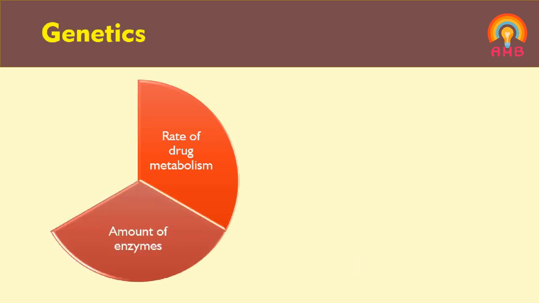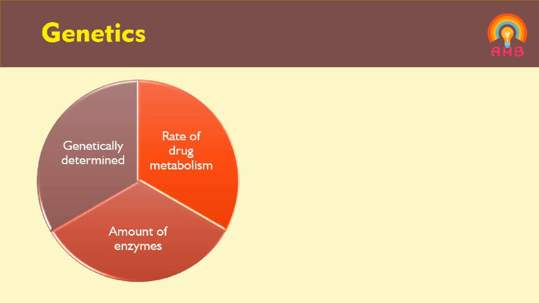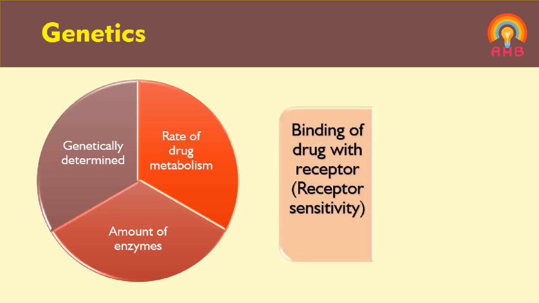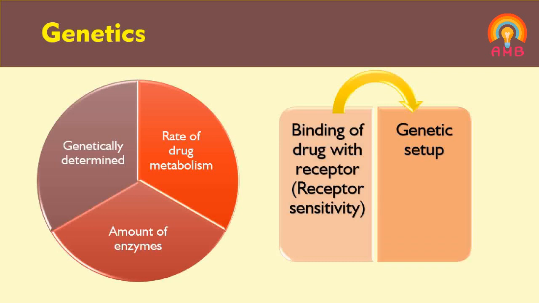The amount of drug metabolizing enzymes in an individual is dependent upon his genetic setup. There is a difference in binding of drug with receptors also in different individuals. Thus, due to the difference in receptor sensitivity, drug effects may vary in the individuals. This is also because of genetic setup. The receptor sensitivity also depends upon the genetic setup.